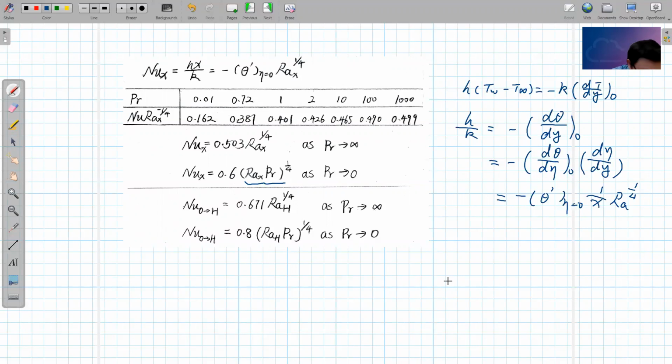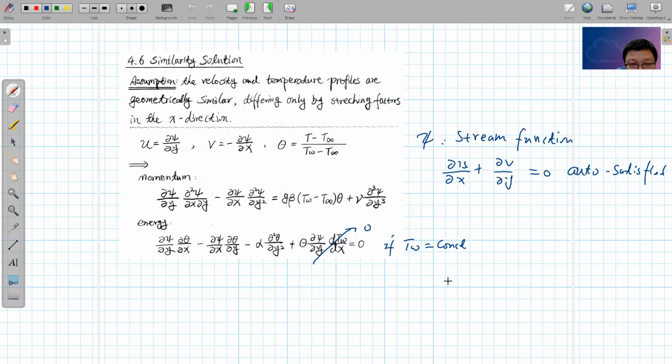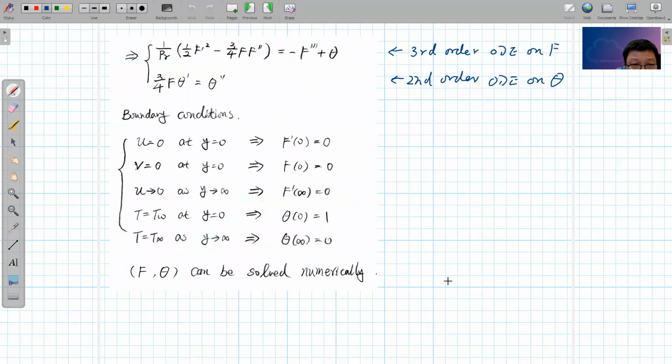So this is a similarity solution. We didn't go into too many details, because we omit a lot of the procedures in the middle of how to derive this equation, because the procedure is the same as the previous one we did in the laminar boundary layer theory. And the solution, again, we have to use the computer to solve.